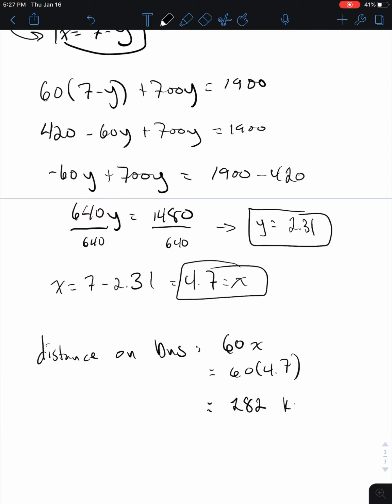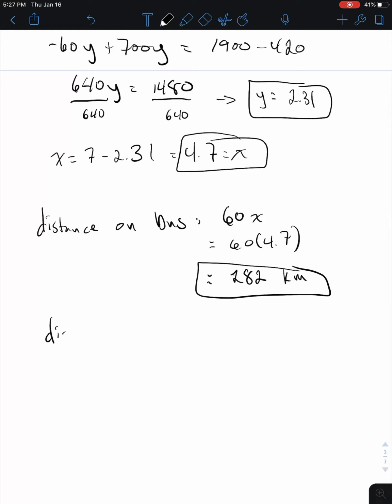So 282, and that'll be in kilometers on the bus. And then the distance on the plane will be 700y, and that'll be equal to... too nice for them not to be right, you know what I mean?